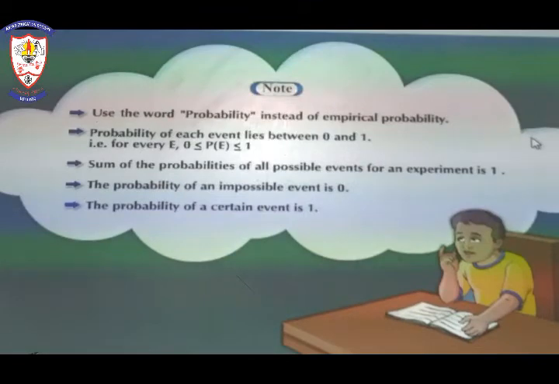And the probability of a certain event is 1. Certain means a sure event. For example, the sun rises from the east, so the probability of the sun rising from the east is always 1. It is a sure and certain event.